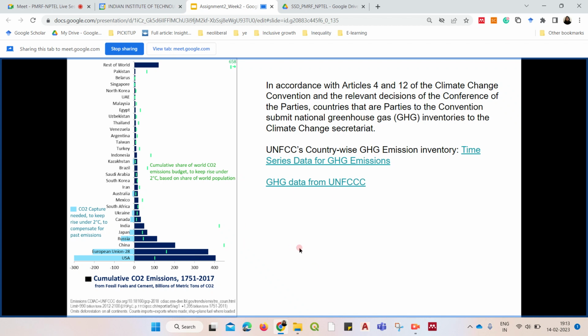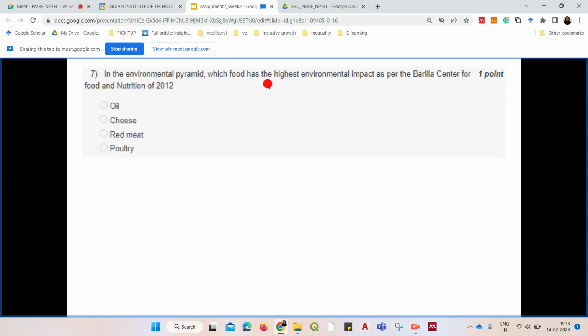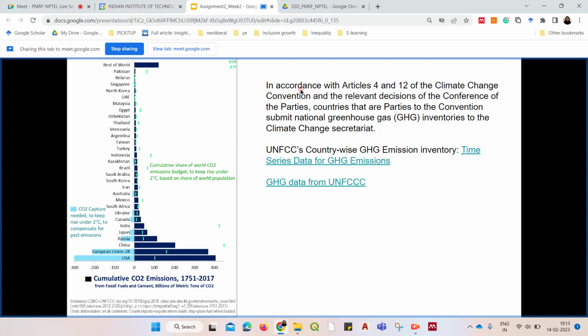But apart from that, if you want to learn more about the GHG emissions of different countries, you can go to UNFCCC's website and see their inventory of GHG emissions from different countries there. Why is this available?